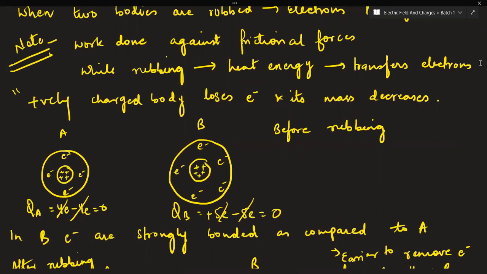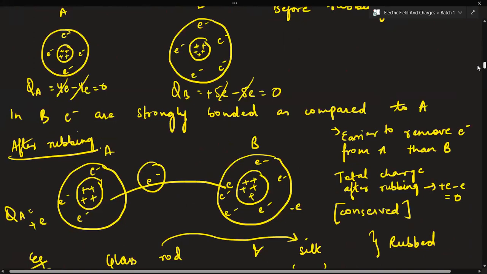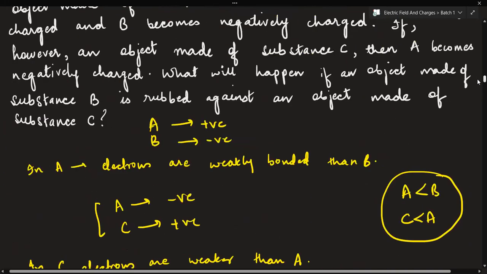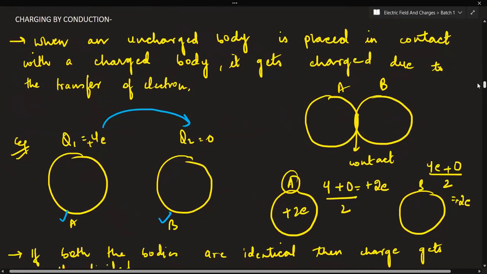It will have difficulty losing electrons because the bond will not break. If the electrons have a tight, strong bond, it will be more negative because electrons will not move. If electrons are easier to remove, that body will be deficient in electrons. So this loosely bound and strongly bound concept you have to remember in charging by friction.